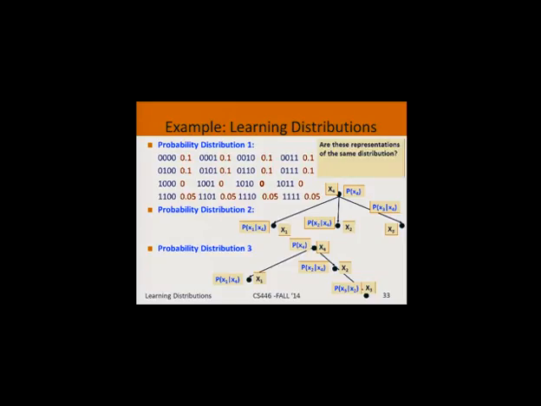One question we can ask: are these representations of the same distribution? What does this question mean? If you want to answer yes, or if you want to answer no, how would you go about answering this question?